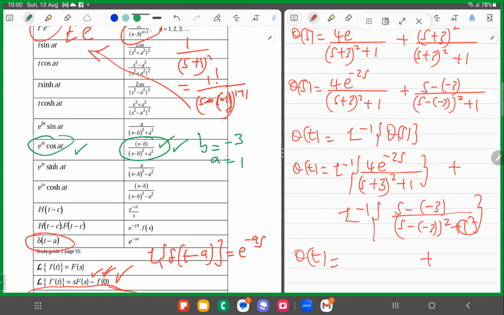Okay, we're done. So it is e to the minus 3t cosine t, because the a is t. So we get that one.